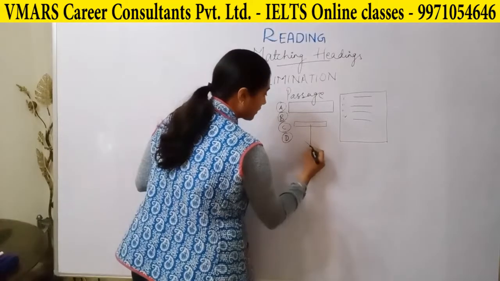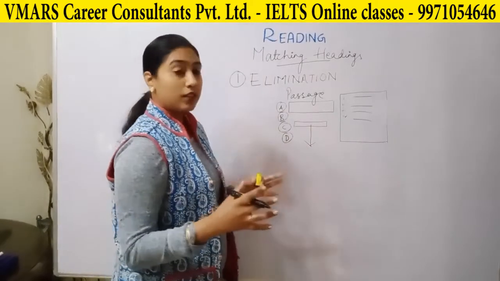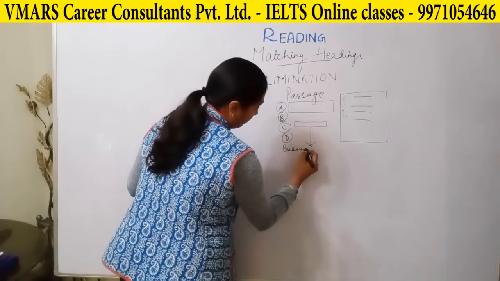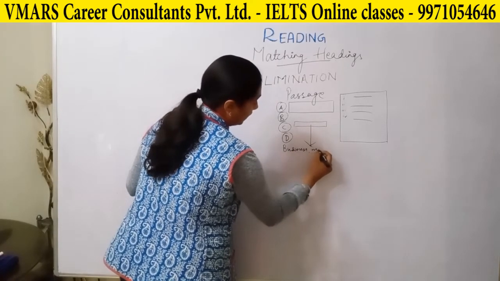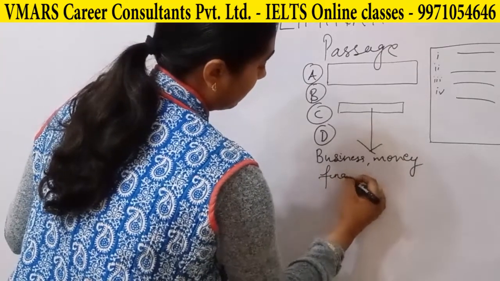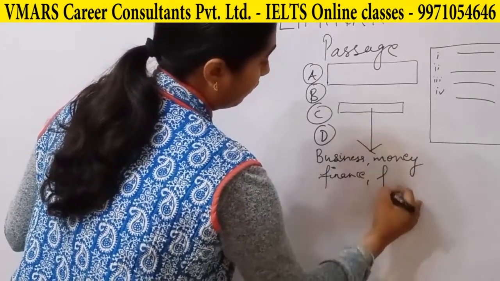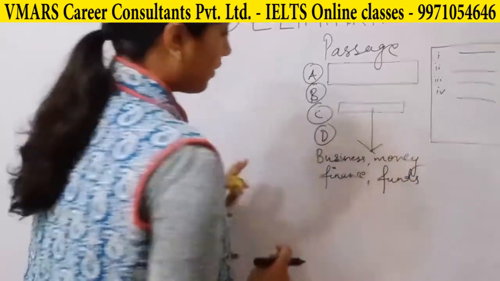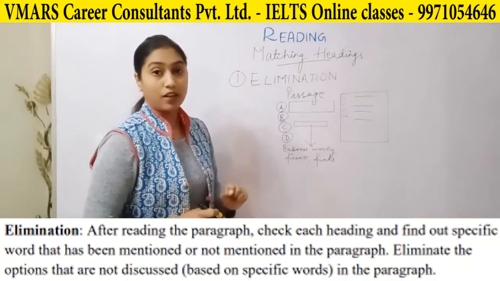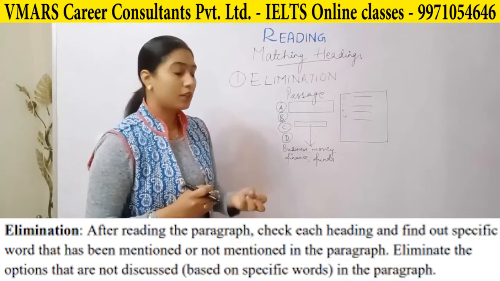For example, let's say you find the words business, money, could be finance, or could be funds. I'm just taking an example. So you have these words in this paragraph just to take out the gist of the paragraph.